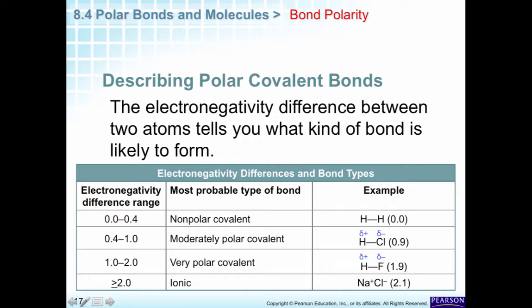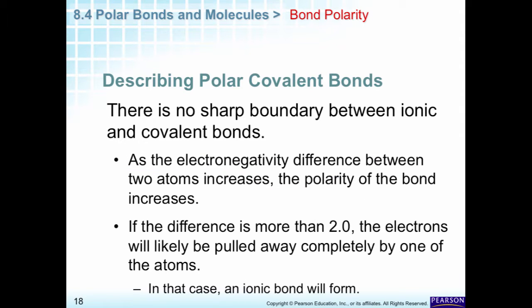Ionic is kind of easy because if you have a metal and a nonmetal, you definitely know it's ionic. If you have something like HF, which is very polar, they're two nonmetals, so you know it's not going to be ionic. So even though the difference is quite high, you can consider it as being very polar. As I said, there's not a sharp boundary between the two.